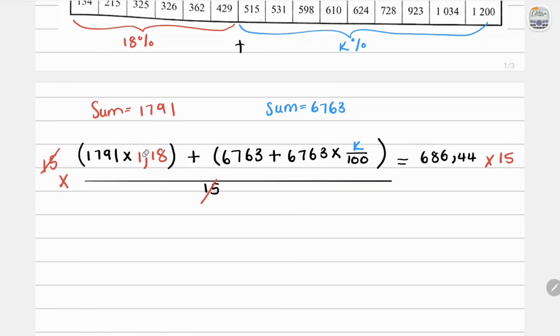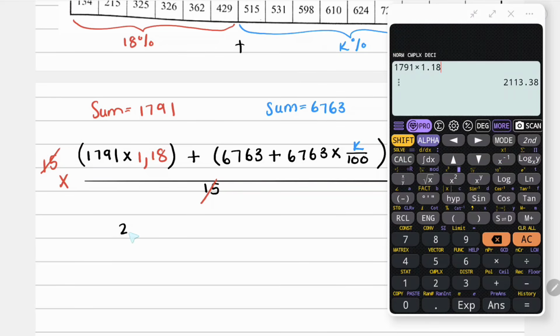I might as well take the opportunity to multiply these two together. So let's find out what that is. That gives us 2,113.38. And you see there's no need for a bracket really, because these were just multiplying and then there's an addition. So we can just go plus and find out what this is. This is just going to still be the 6763 plus, and then these two multiply.